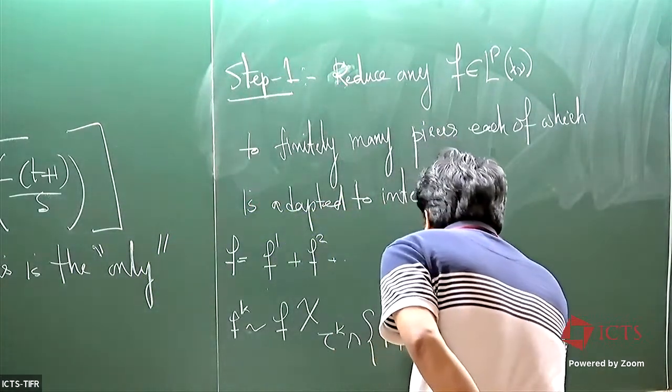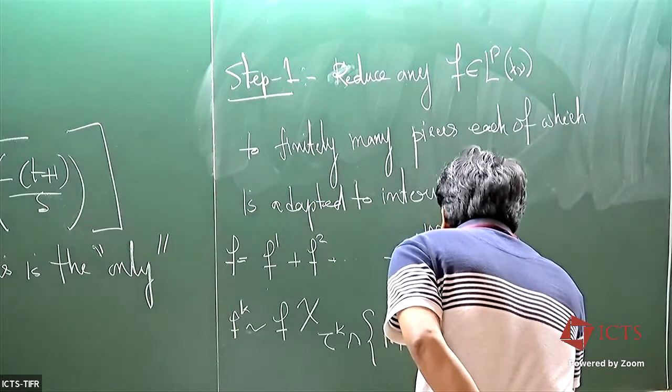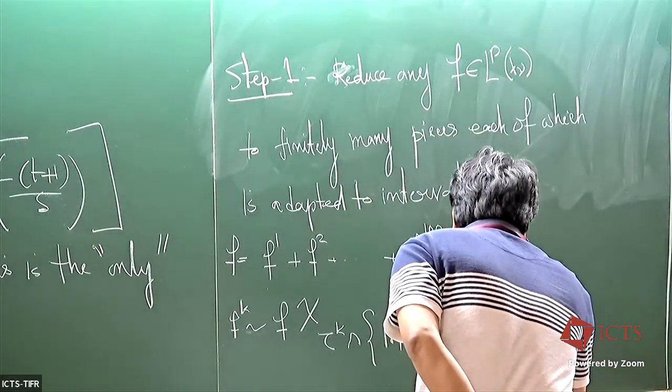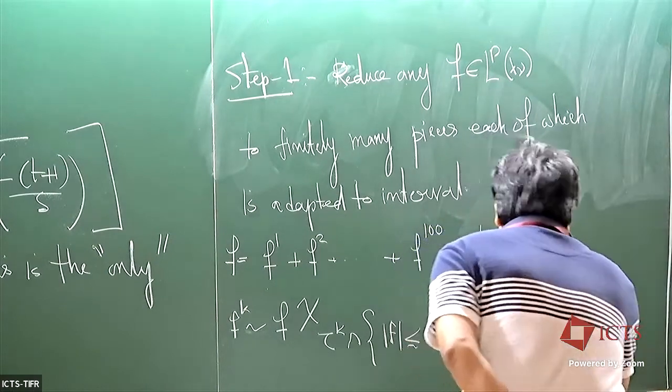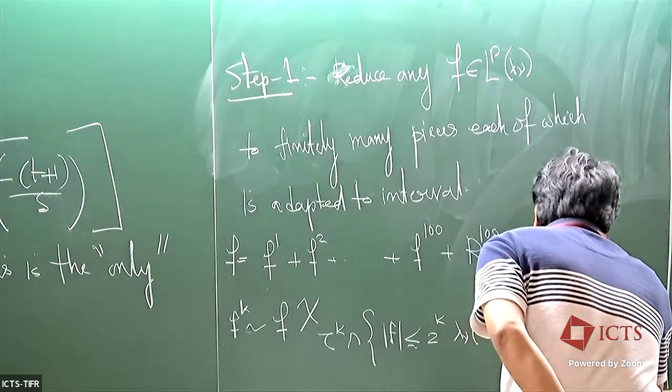So this is at most about 2 to the k times the measure of tau_k to the minus 1 over p times the norm of f in L^p of lambda gamma.